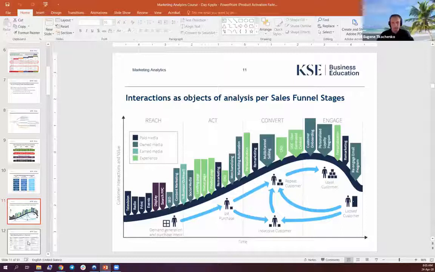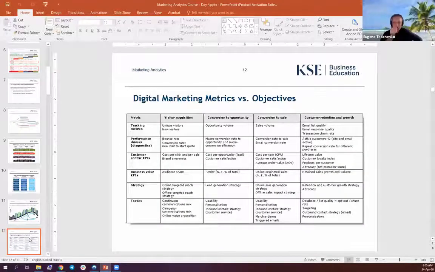So, enough theory, I'm tired also, but let's talk about something more KPI and metric related. I knew you guys wanted that. First of all, you need to understand, as I mentioned, what is the particular metric you're trying to track. For example, if it's important for you to focus on visitor acquisition, most likely you will be tracking metrics like unique visitors and new visitors.